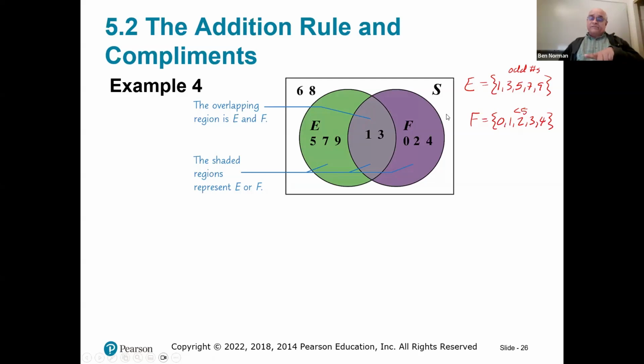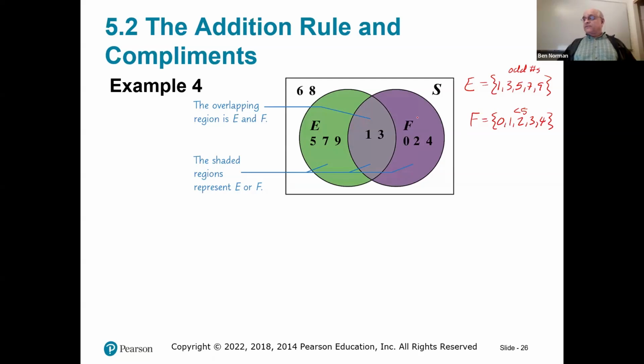Because E and F now have something in common, that is 1 and 3, we show them as being overlapped. The 5, 7, 9 are exclusive to E, so they appear in the part of the circle of E that is not overlapped with F. The 0, 2, and 4, the same thing.